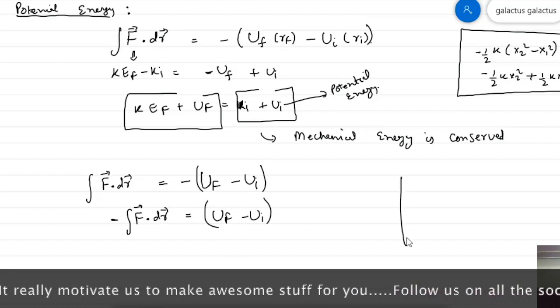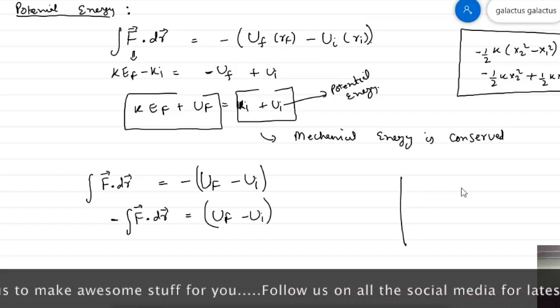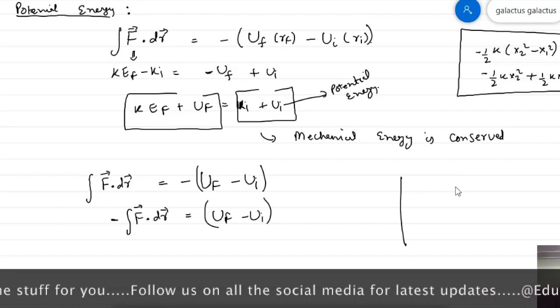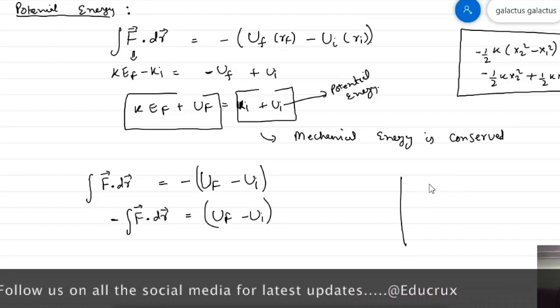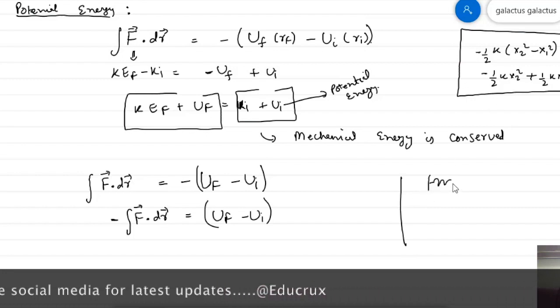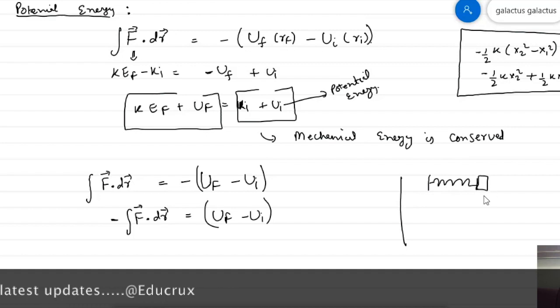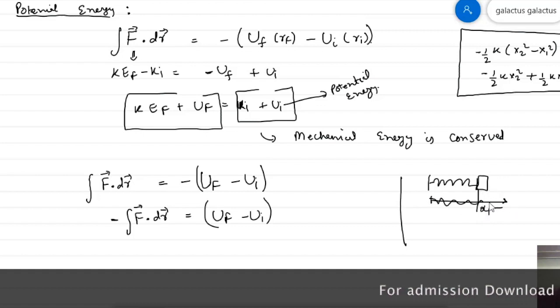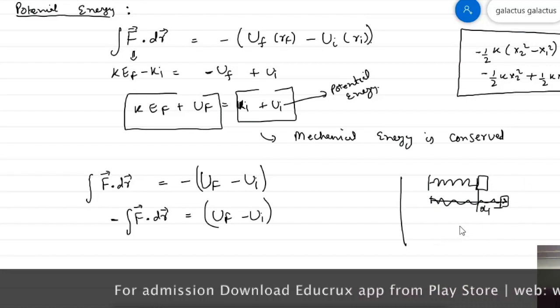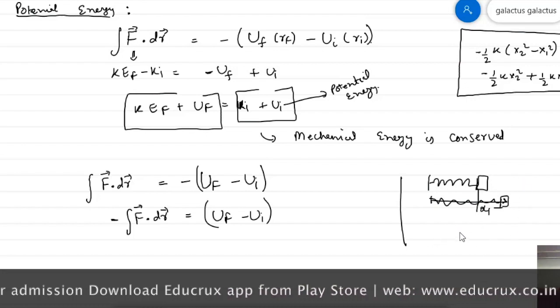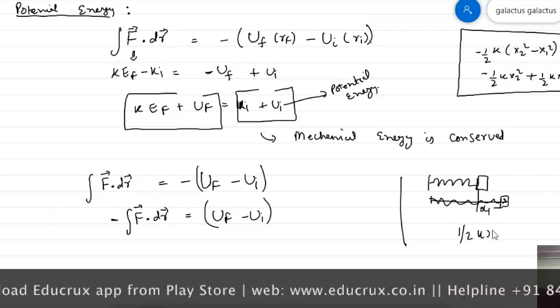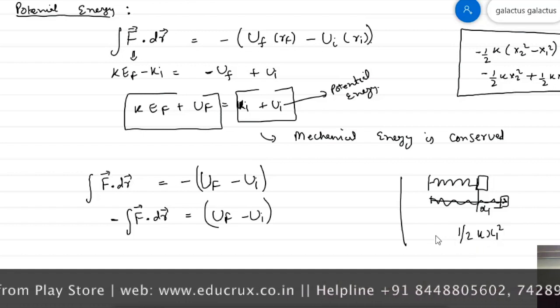So suppose that I elongate a spring by x1. If I elongate this spring by x1, then the potential energy that is stored in the spring is half k x1 square.